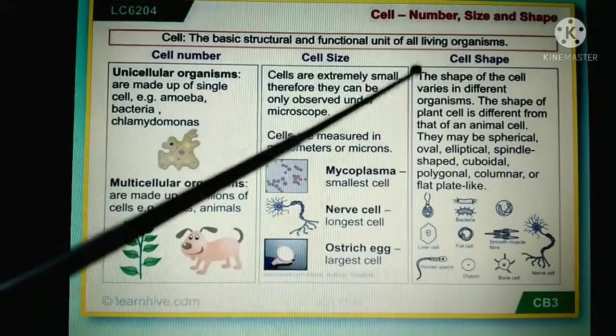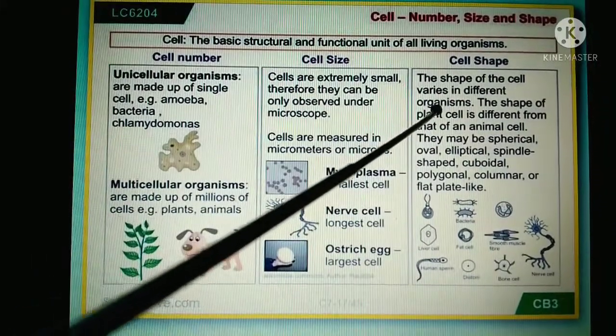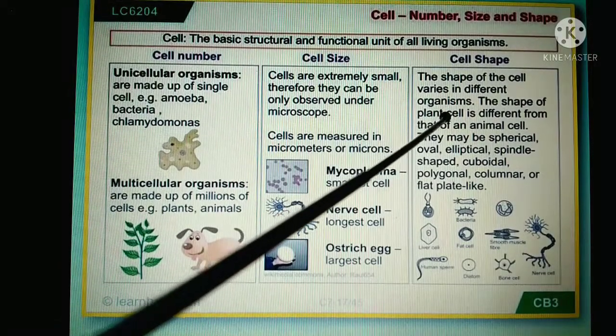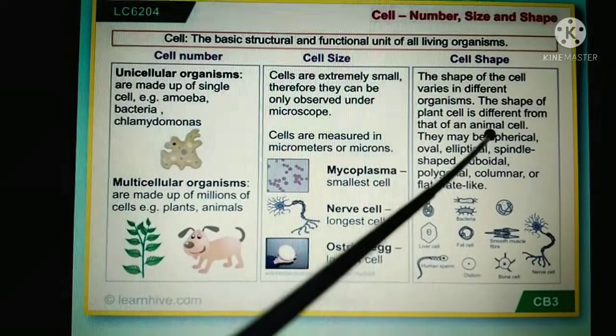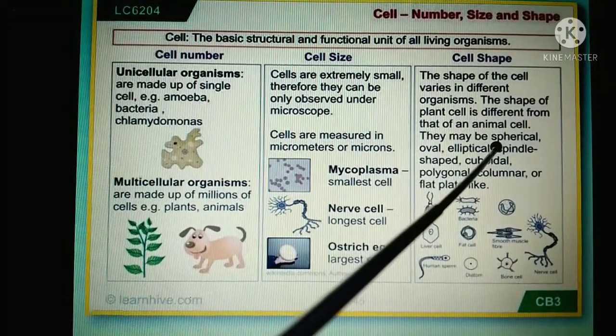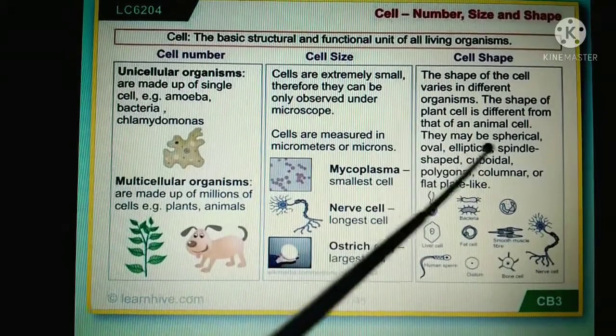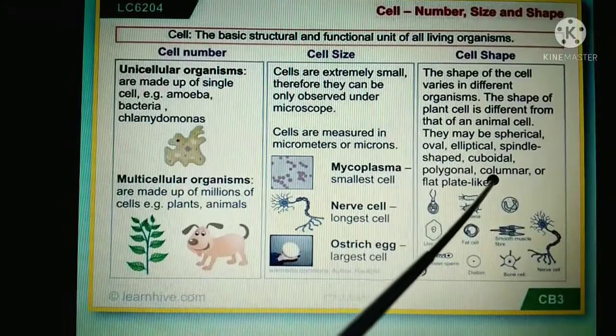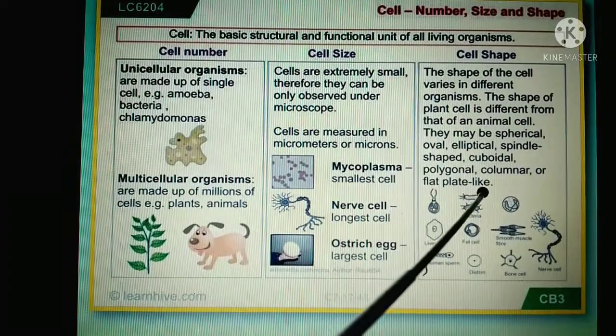The shape of the cell also varies in different organisms, and it is different from plant cell to animal cell. There are various types like spherical, oval, elliptical, spindle-shaped, cuboidal, polygonal, columnar, or flat plate-like structures.